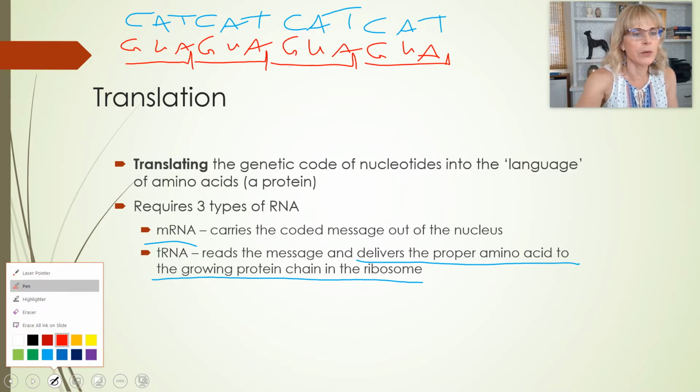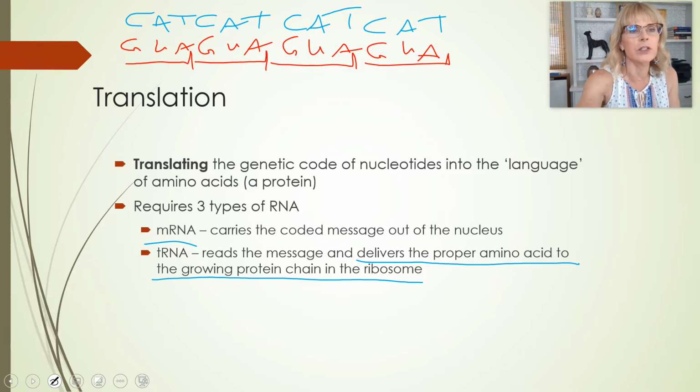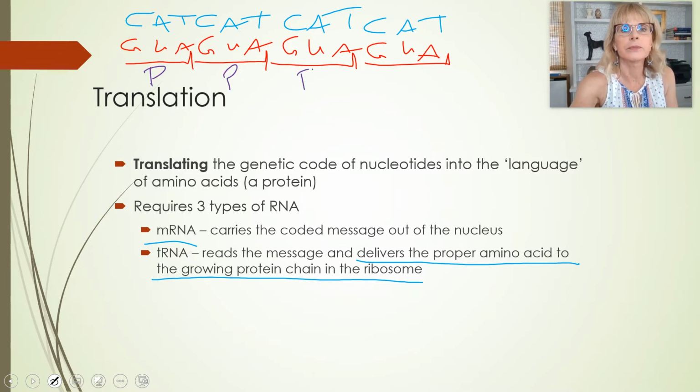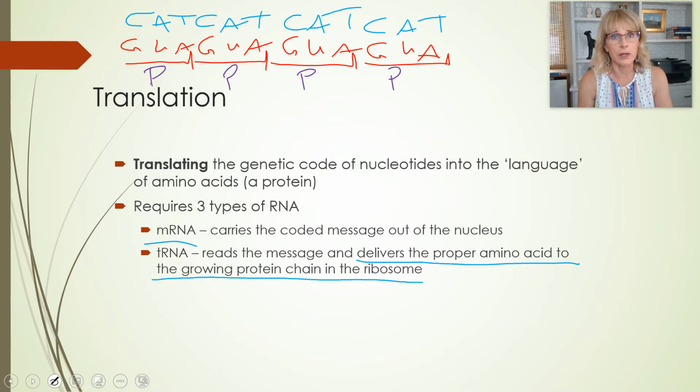So whatever that amino acid is going to be, say it's going to be the letter P, okay? Now, the letter P represents an amino acid. Nucleotides, C, A, etc., those are the monomers that make up the polymers that are DNA and RNA.